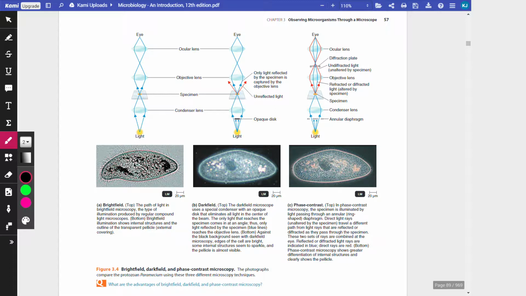And the background's black, so you're just focused completely on that organism. As you can see, less light is being lost or refracted in higher end microscopy, compared to the bright field, which kind of goes everywhere.